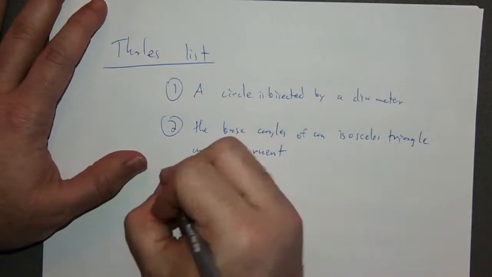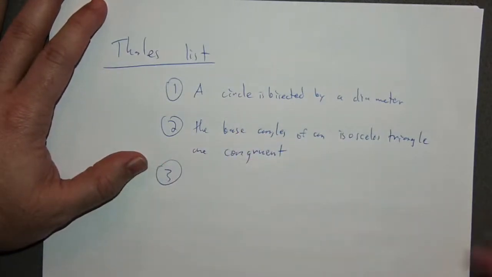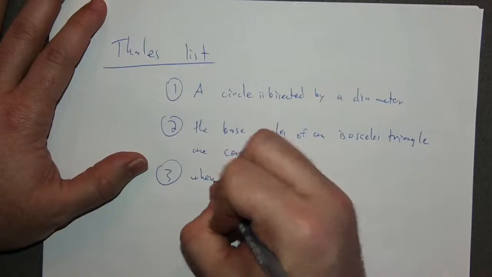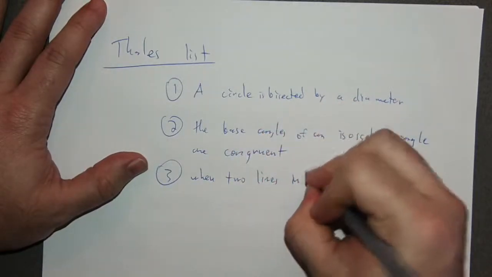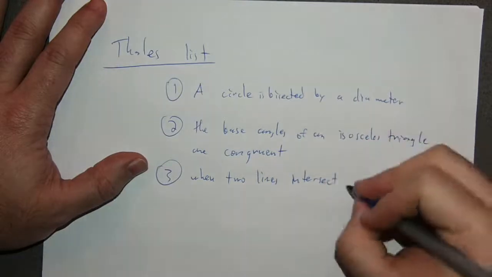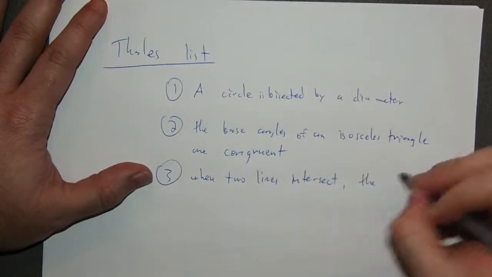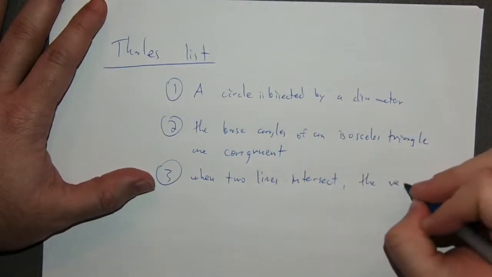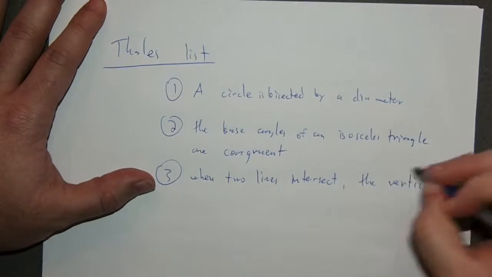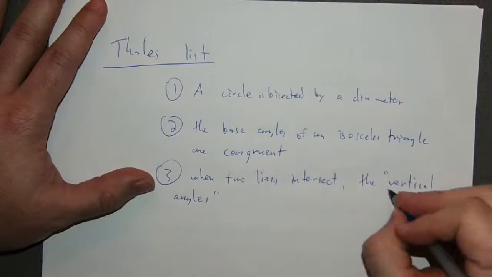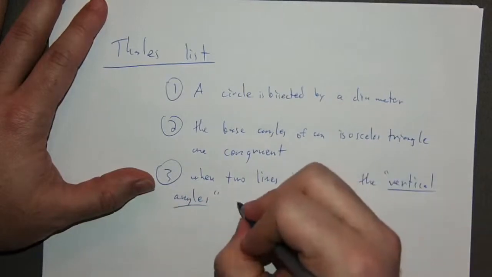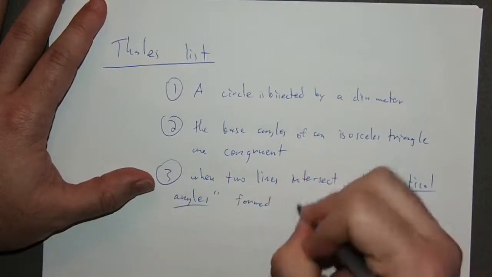Okay. Next, when two lines intersect, the vertical angles formed are congruent. So vertical angles, if you recall that terminology, the vertical angles formed are congruent.